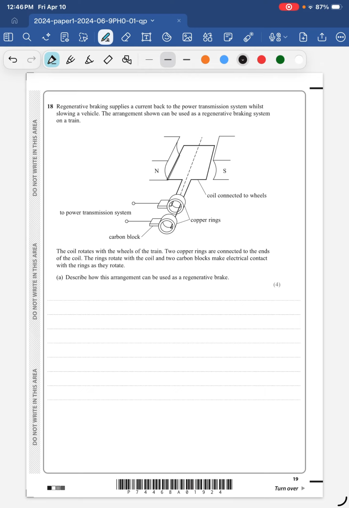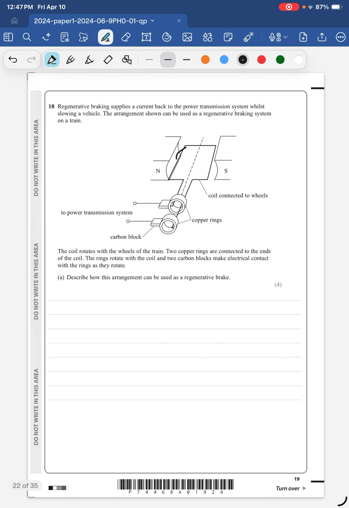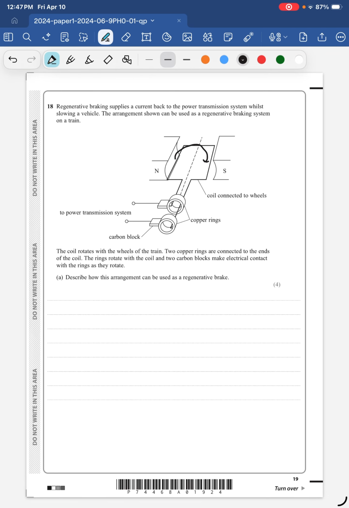The last problem. Regenerative braking supplies a current back to the power transmission system whilst slowing a vehicle. The arrangement shown can be used as a regenerative braking system on a train. We see the arrangement here. This coil rotates in this magnetic field.